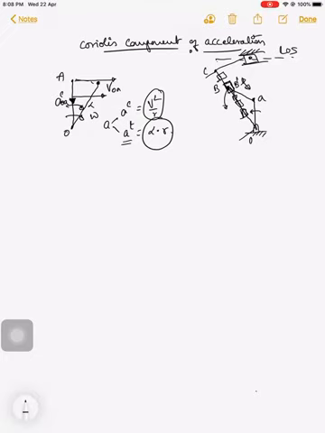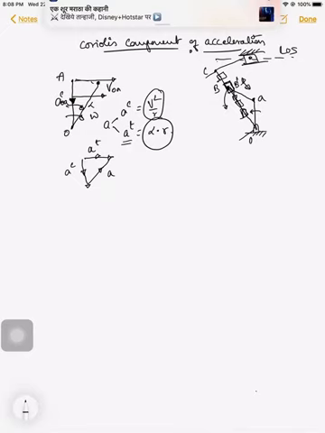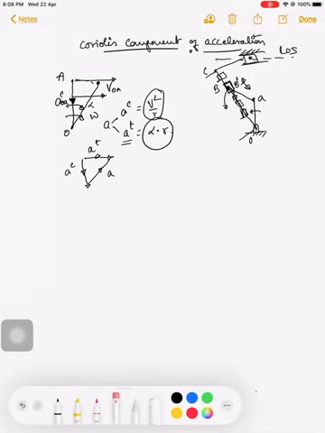So this is what we have learnt. When these two components, the centripetal component and the tangential component, are combined together, what we finally obtain is the resultant acceleration. So this is what we have learnt already, so let us not discuss that.